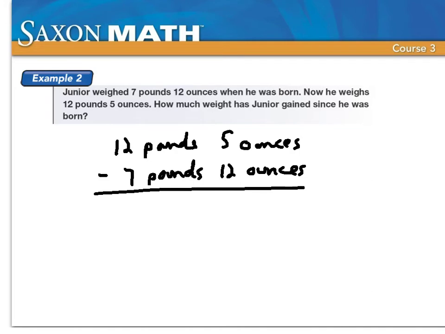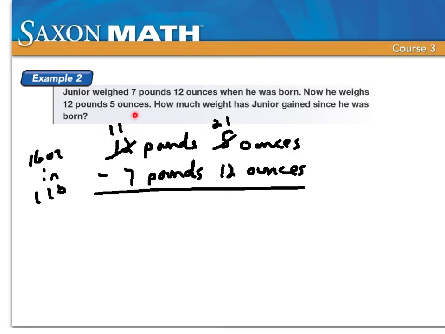Okay, well, 12 is more than 5, so I cannot subtract those. So I have to borrow. We're going to borrow 1 pound from this and make this 11. And 1 pound is 16 ounces, so we have to add 16 ounces to our 5. That's going to become 21 ounces, because there are 16 ounces in 1 pound.